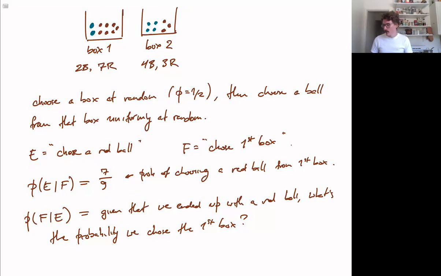So we ended up with a red ball. This is some kind of evidence or some kind of data that we have collected. What is the probability that we chose the first box, which is sort of some kind of hypothesis about the world? So it's not clear at all how to compute this straight out, but this is exactly what Bayes' theorem is designed to do for us.